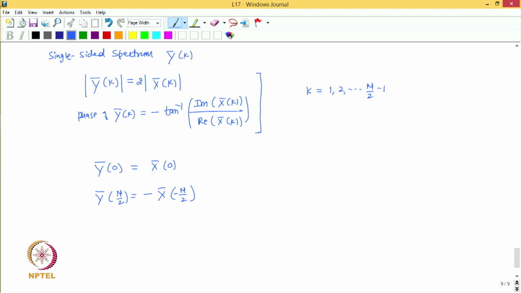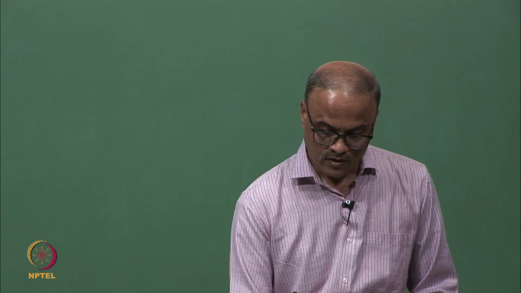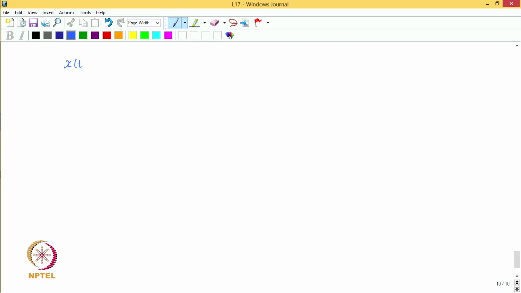Now, let us take a simple example, in fact the example we considered in the previous lecture, to see how these single-sided and two-sided DFT look. We had taken the continuous signal as 20 cos 2 pi 2t plus 14 cos 2 pi 6t.